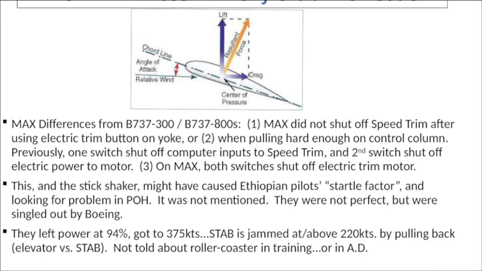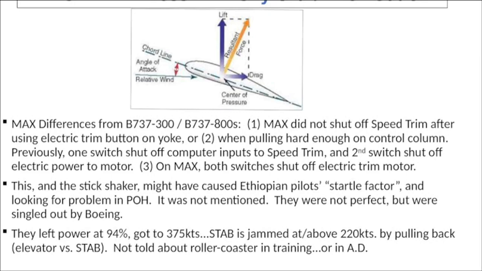So that means the elevator would be competing against the stabilizer position too. And that would put big aerodynamic loads, especially at such a high speed and low altitude, onto the jack screw that moves the stabilizer. So it would get jammed in a big way.